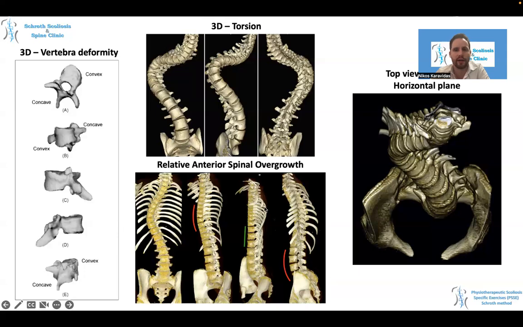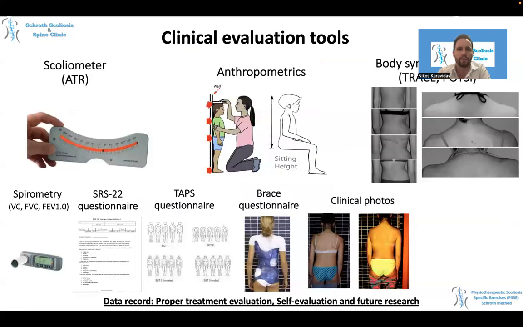In these very nice images, you can see the 3D deformity of the vertebra, and here we also have a representation of the spine from the top view, where you can better see the horizontal plane, which describes even better the 3D torsional phenomenon, which is related to scoliosis progression.